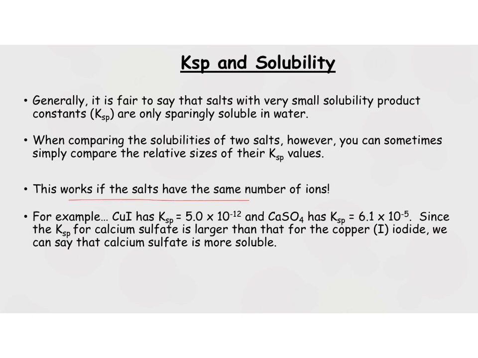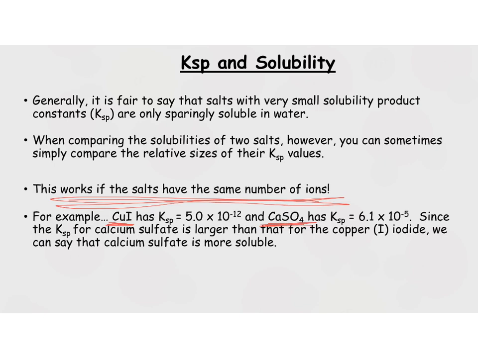But this only works if the salts have the same number of ions. So see how you have CuI and CaSO4. If we wrote the dissociations for those, we would see that they each have 2 ions. So we can directly compare them.